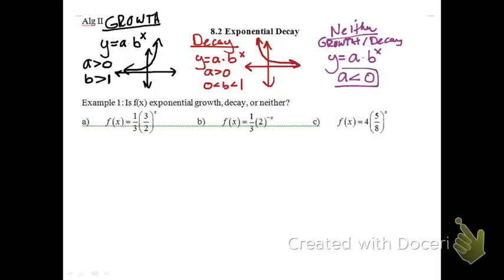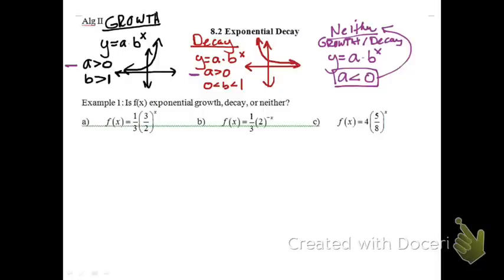Right then and there, if you see a less than 0, you know it's neither growth nor decay. If it's going to be growth or decay, your a value has to be positive to begin with. So a couple of questions I might give you on a quiz or test is to look at some functions and tell me if it's exponential growth, decay, or neither.